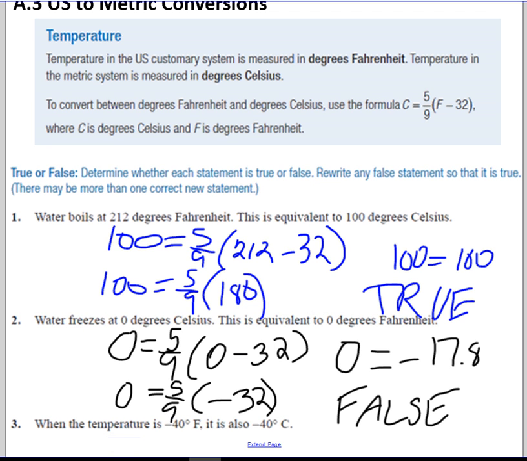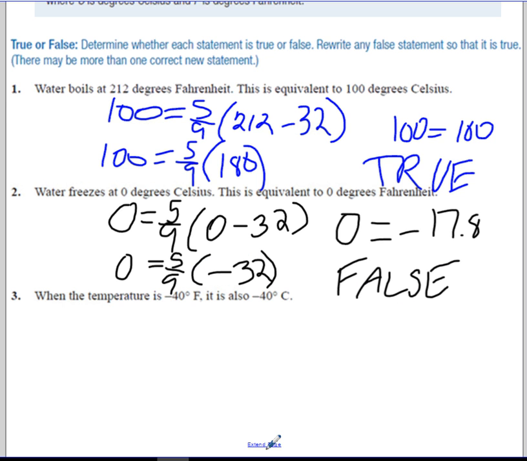Okay. And now we're having, when temperature is negative 40 degrees Fahrenheit, is also negative 40 degrees Celsius. Let's check that out. So negative 40 equals 5/9 times negative 40 minus 32.